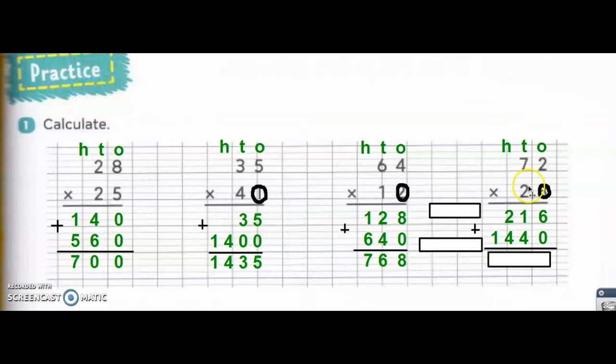Then I multiply 2 times 72. 2 times 2, 4. 2 times 7, 14. Now I add the products. 6 plus 0, 6. 1 plus 4, 5. 2 plus 4, 6. And the 1 stays the same because I have no number to add it with. So the final product of 72 multiplied by 23 is 1656.